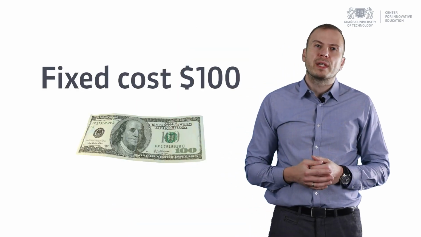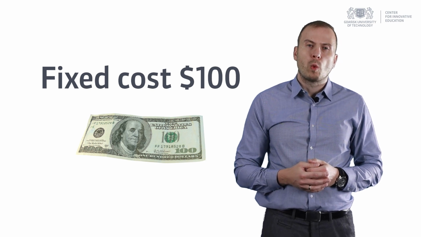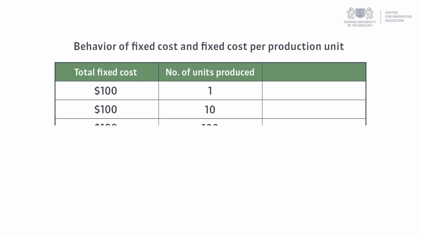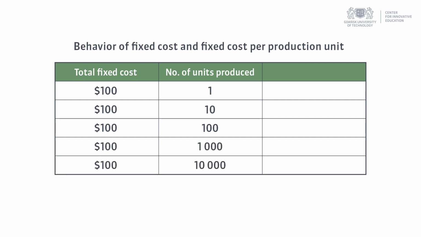Let's assume that the level of fixed cost is $100. A company can produce 10, 100, 1000, and even 10,000 units of a given product.